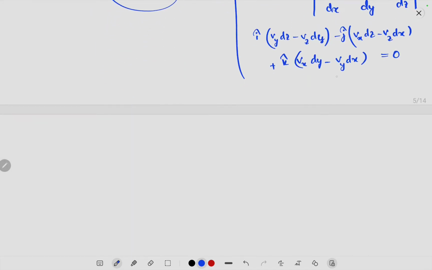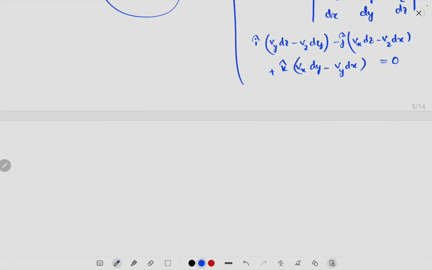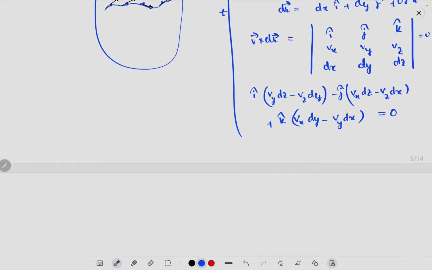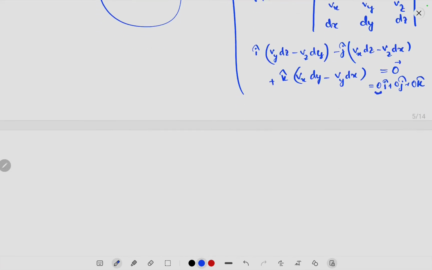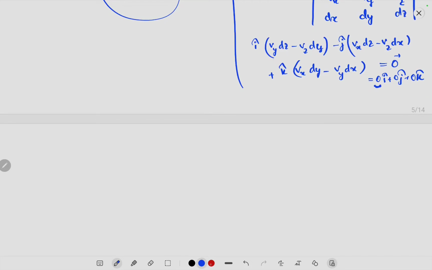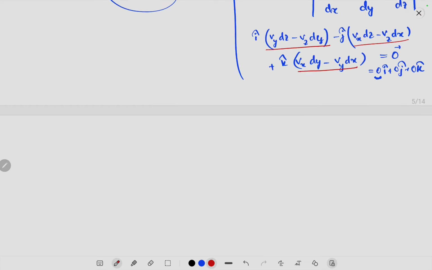Now let's simplify this expression. This is a vector quantity, so it has to be the 0 vector, which can be written as 0 i hat plus 0 j hat plus 0 k hat. Comparing the magnitudes along various directions, we get this term equal to 0, this term equal to 0, and this term equal to 0.